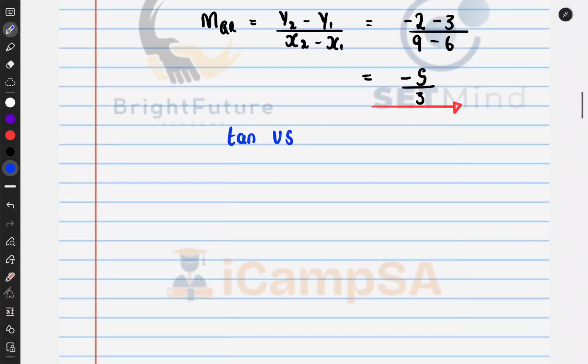Tan VSQ is equal to the gradient of QR. So MQR is equal to tan 121 degrees.